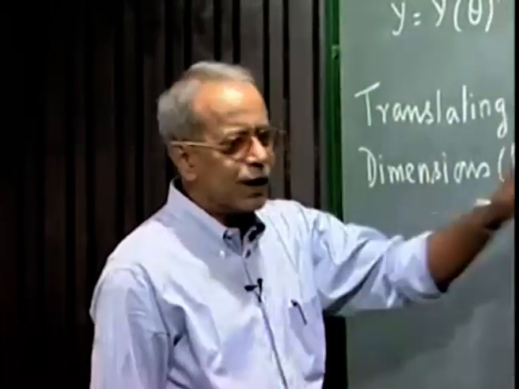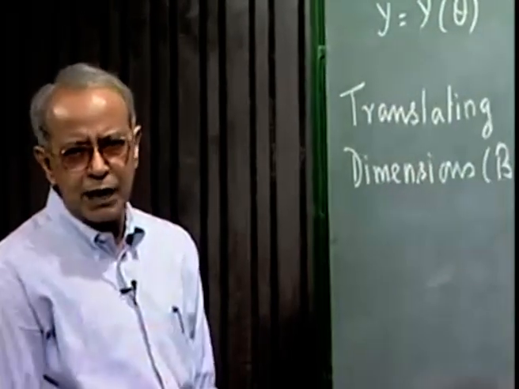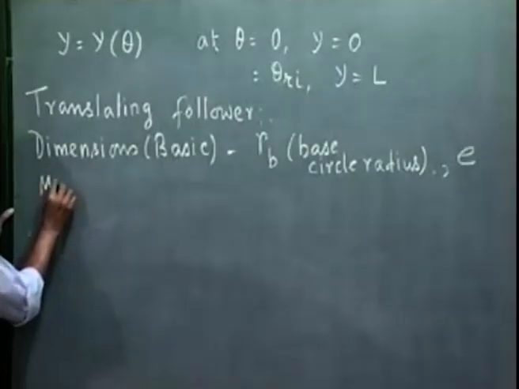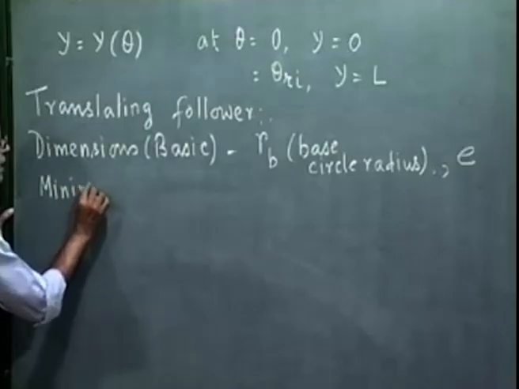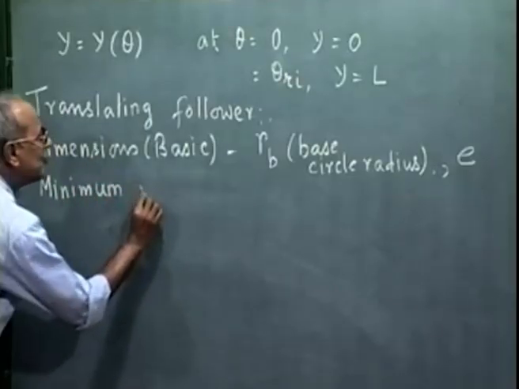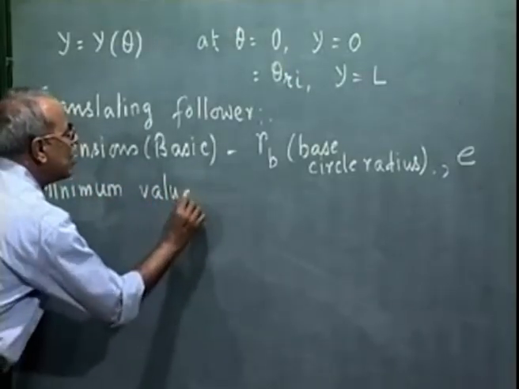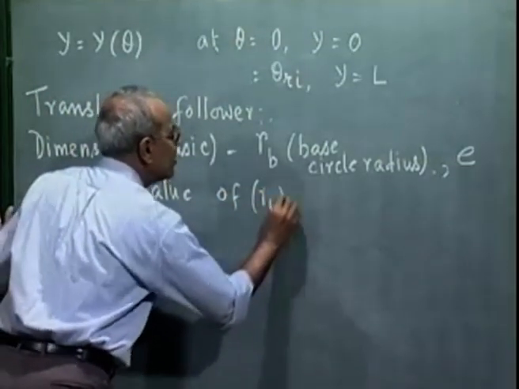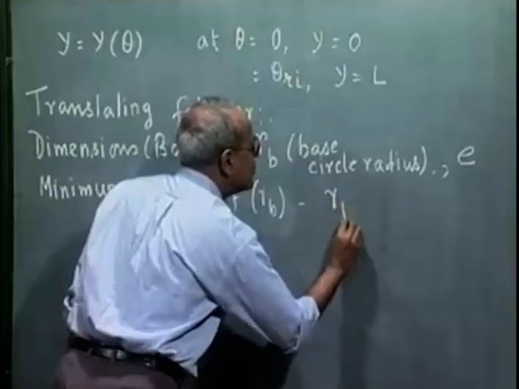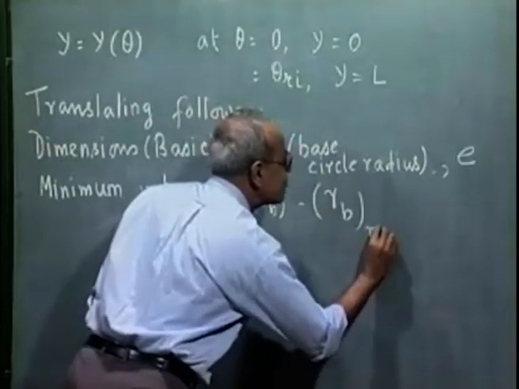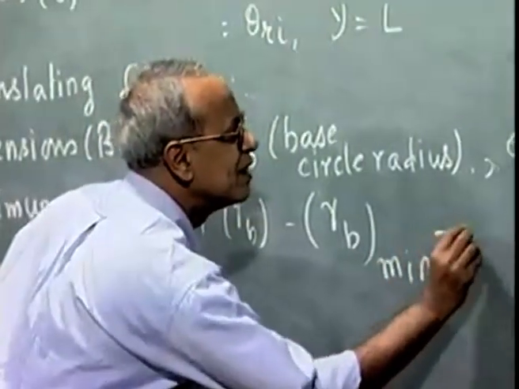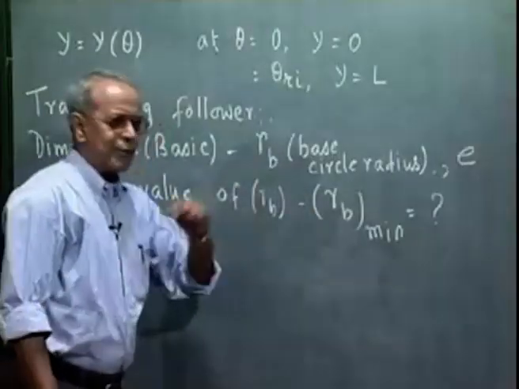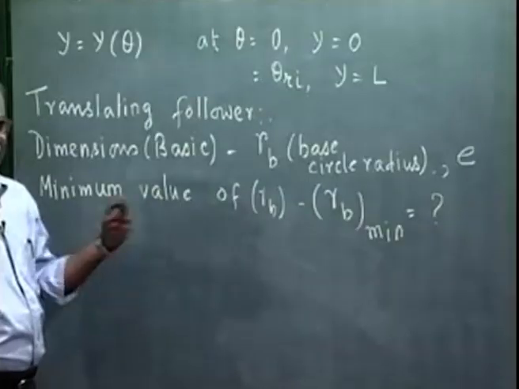However, we cannot choose this RB minimum arbitrarily. Let us see minimum value of RB, which we call RB min. The minimum value of RB is decided by various considerations.